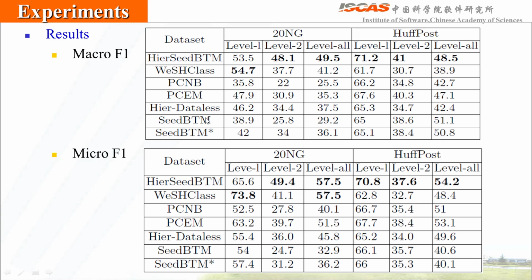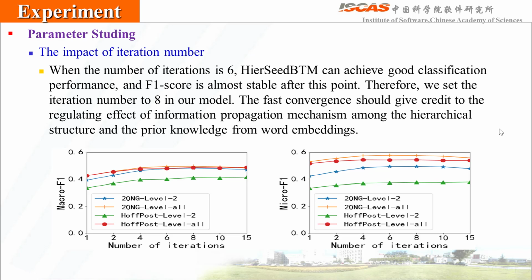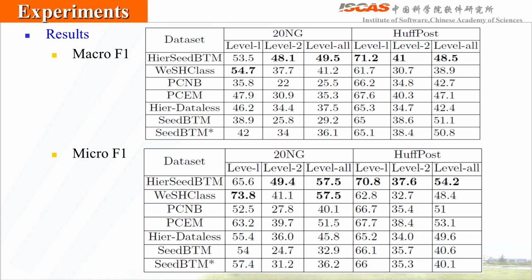Moreover, the performance of baseline models fluctuates among datasets with different lengths, while our model behaves more stable. Our model also gets a better performance than seed BTM and its variant model, which explains that our propagation strategy based on the hierarchical structure can integrate more evidence from different abstraction levels to classify short text accurately.